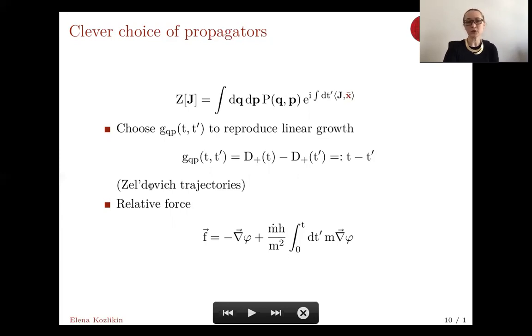And then, of course, you need to account for having used part of the interactions in your inertial motion by adding this term to the usual gradient of the gravitational potential, which tells you that you need to change the force relative to your inertial motion.